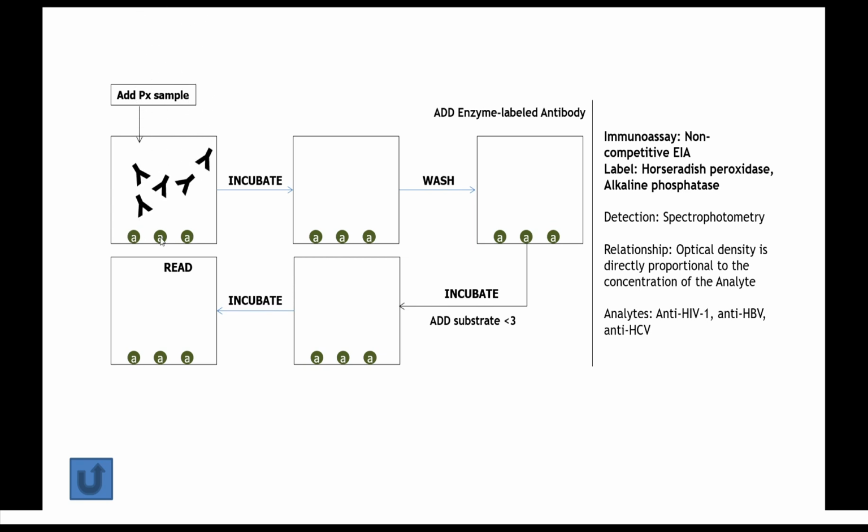And then, what is detected in the patient sample is the presence of the antibodies. If the patient has antibodies against HCV, these antibodies will bind to the HCV antigen in the solid phase. Washing will remove the unbound antibodies. So what is left in the solution are the antibodies, anti-HCV antibodies.